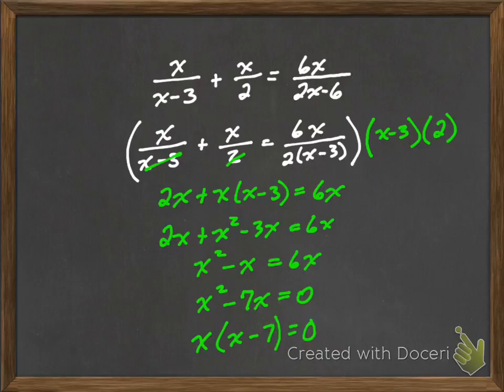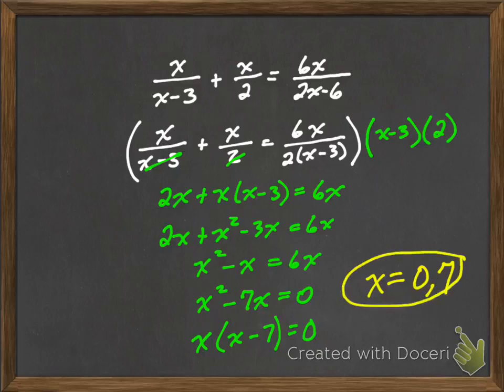That means x will either equal 0 or positive 7. Both of those answers will give us our solution. Okay? Our excluded value on this is x equals 3. x cannot be 3 because that would cause us to have 0 in the denominator. And since we don't have 3 for an answer, we don't have to worry about the excluded value here.